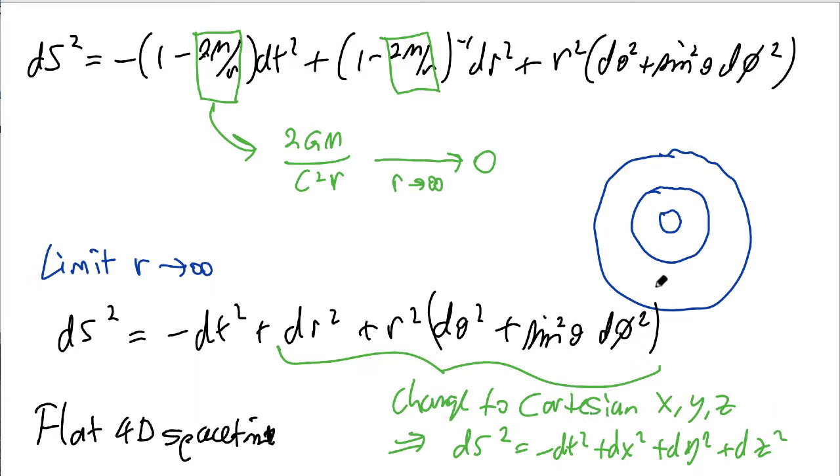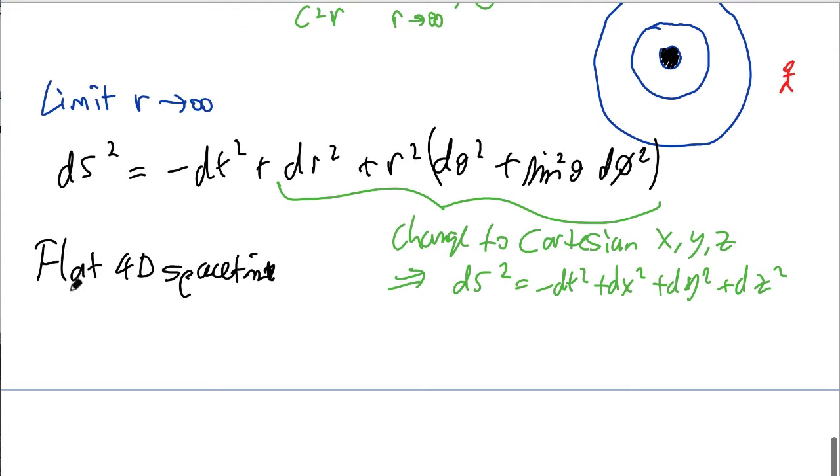It's just telling us that far away from the massive body, so here's the massive body in the middle, far away the gravitational field is weak, so the space-time looks flat. And in particular, if we have an observer out here near infinity, this is telling us that this t coordinate coincides with the proper time measured on a clock by an observer at infinity.